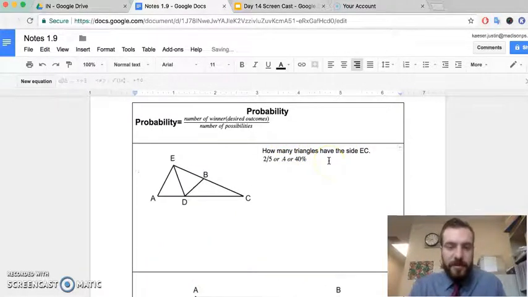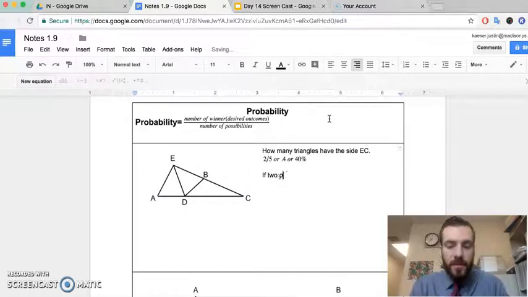So the next thing we're going to look at using this same diagram is points.